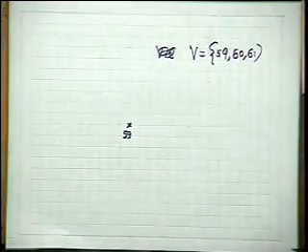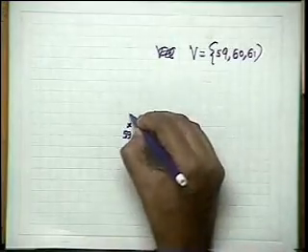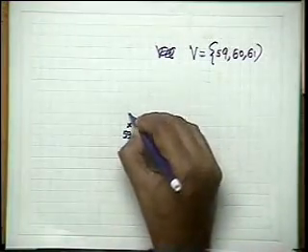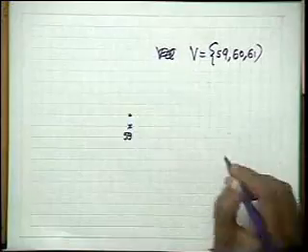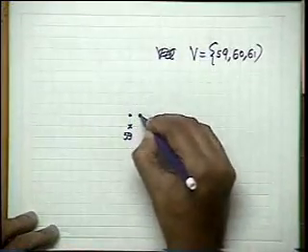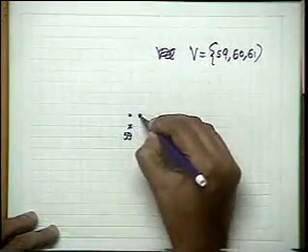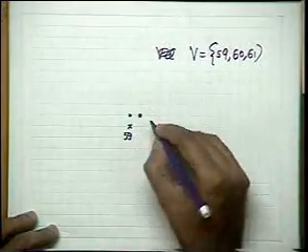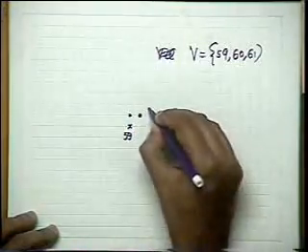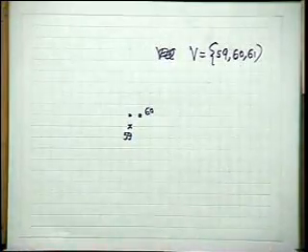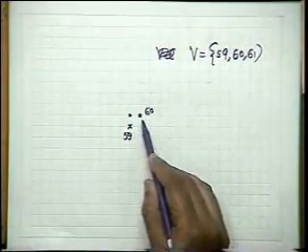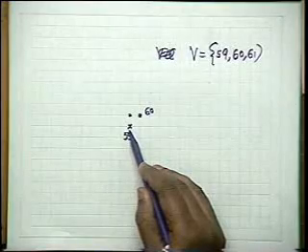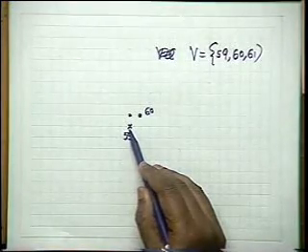So this is P. Now, let us say that this particular pixel, which is a diagonal neighbor of this point P, has an intensity value of 60. So this pixel happens to be a diagonal neighbor of 59.